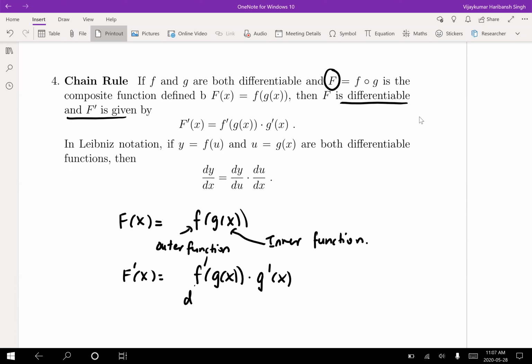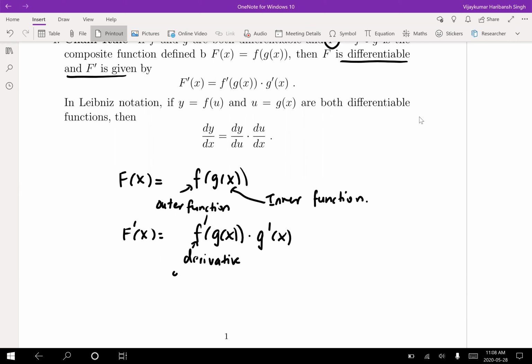So this is the derivative of the outer function, evaluated at the inner function, multiplied by the derivative of the inner function.